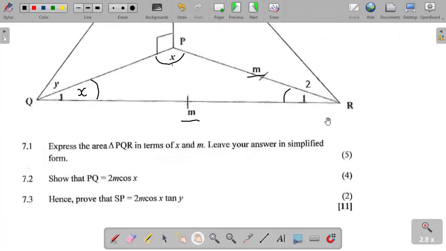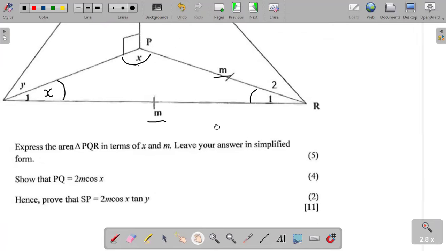These two sides are QR and PR, and then sine R here.